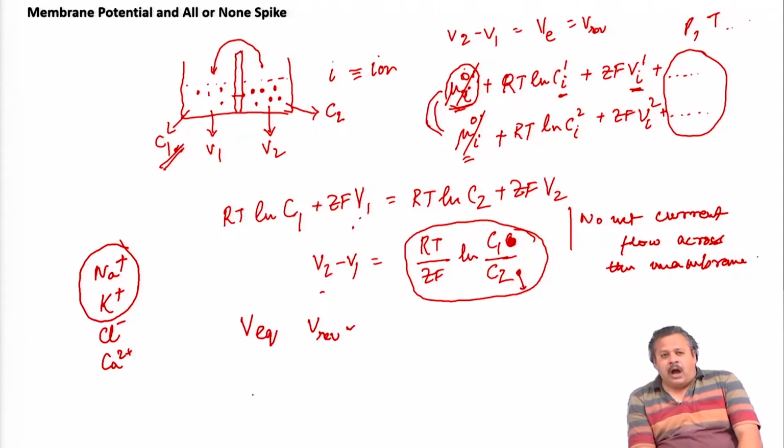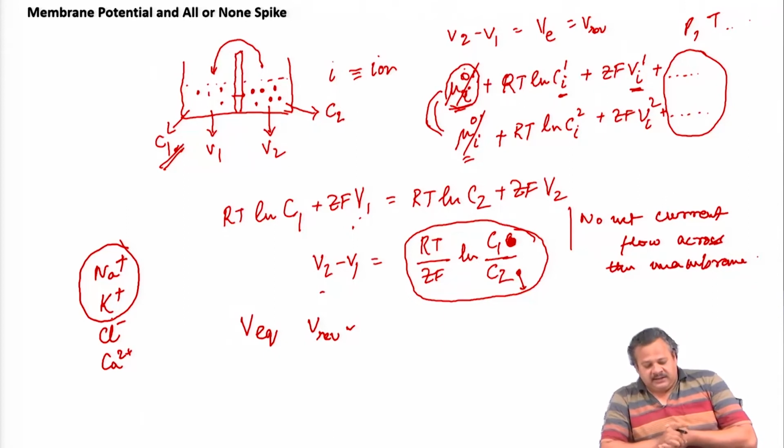So what is the membrane potential for neurons? It will depend on this C1 and C2, the concentration outside and inside of each of the ions, and finally if we have all the ions at rest, that will determine what the membrane potential of the neuron is going to be.